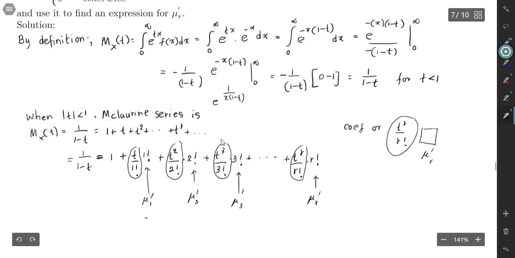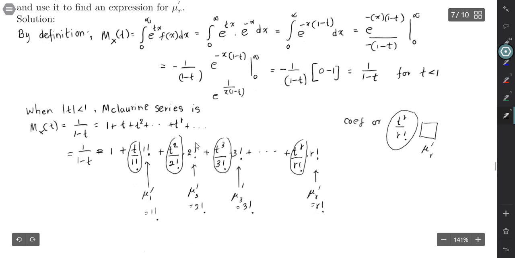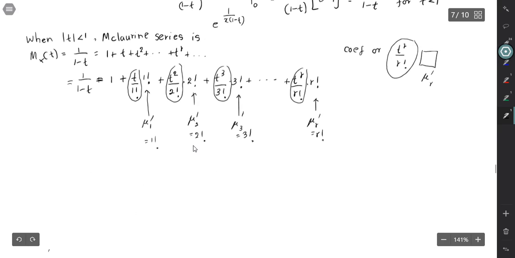And these are simply 1 factorial, 2 factorial, 3 factorial, r factorial, which means for any moment about the origin, it will be r factorial. So the third moment about the origin is 3 factorial, the fourth moment about the origin is 4 factorial, and so on.